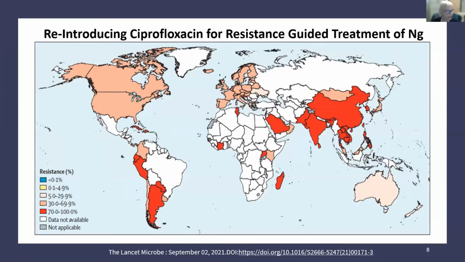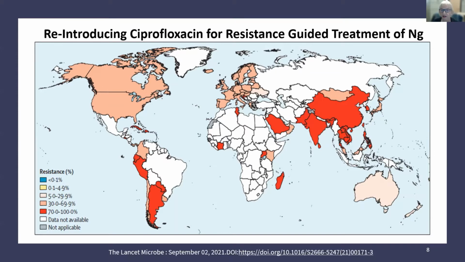So what about ciprofloxacin? Basically, the levels of resistance vary around the world. This is recent WHO data for 2017, 2018. The red color indicates 70 to 100% resistance. The white means that there are no data available.